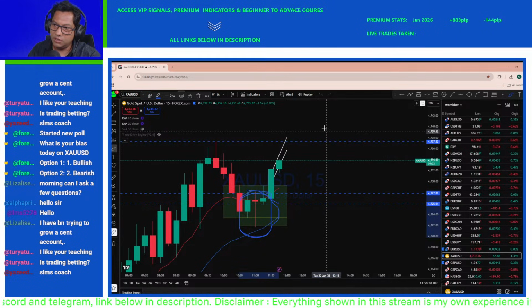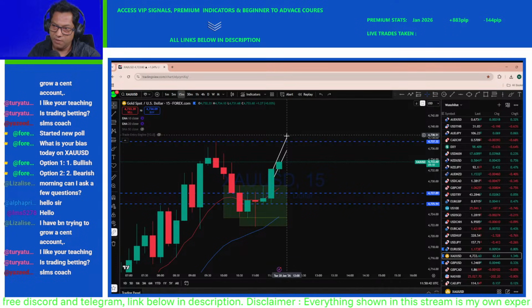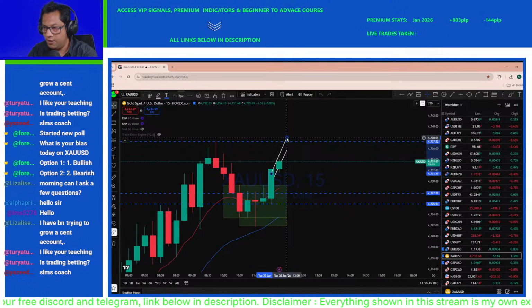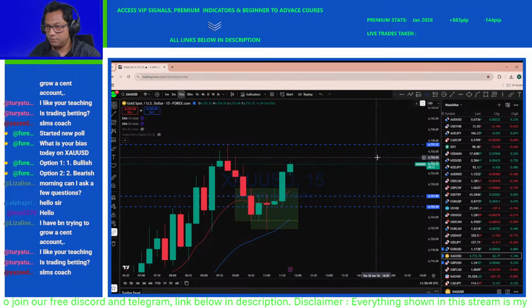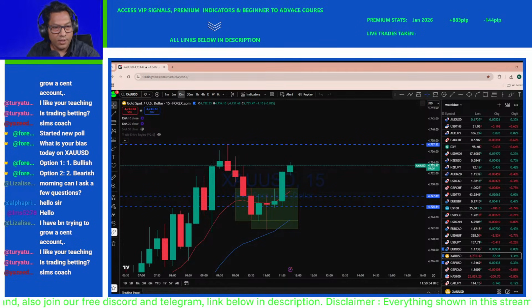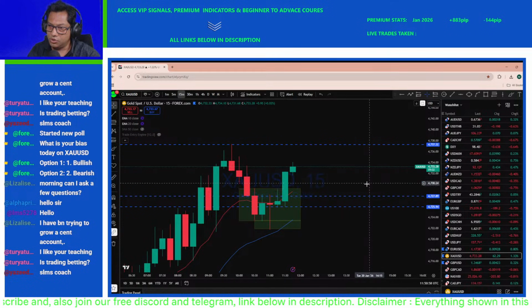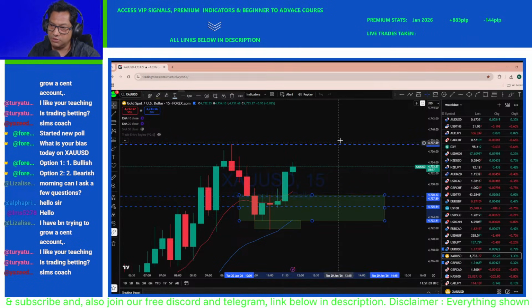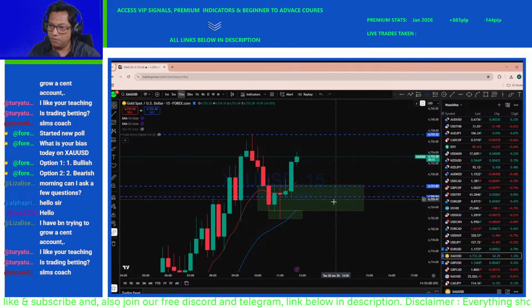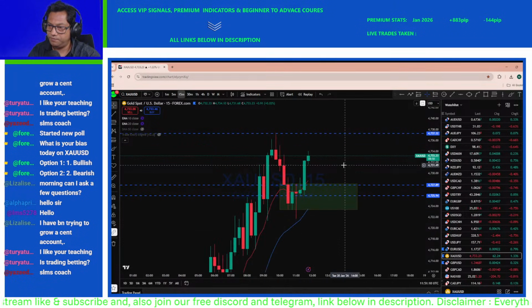It's an important level where you can look for the market to break above and create a new higher high. So far it's showing that there is a high possibility this market will continue to rise back up.